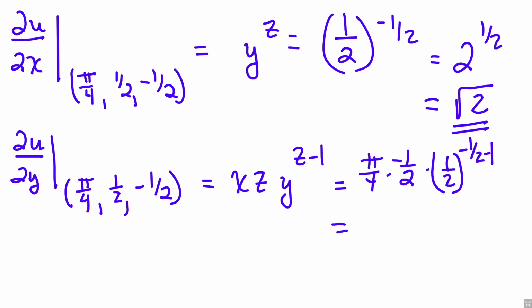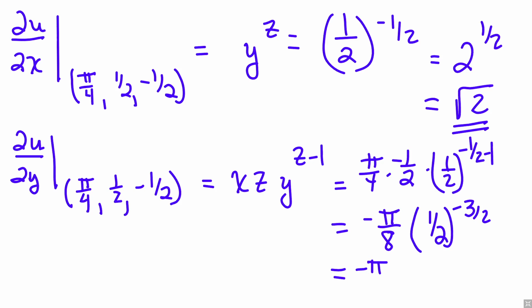So we're going to have negative pi over 8 times 1/2 to the negative 3/2, or negative pi over 8 times 2 to the 3/2. I ran out of room over there on the side. So negative pi over 8 times, what are we going to end up with?